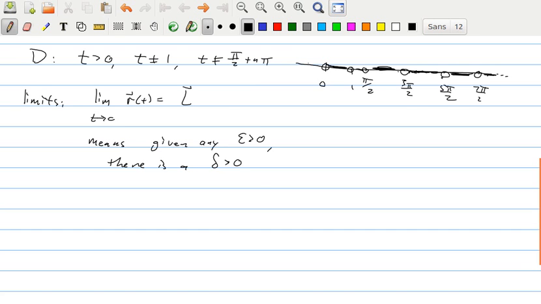Think of this as the tolerance in your domain, how close your t values will be to the limit point. So as long as the distance from t to c is within delta, as long as we're close to c, then r of t minus L must be close to the limit.